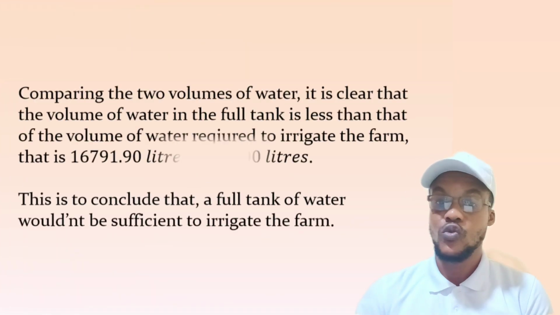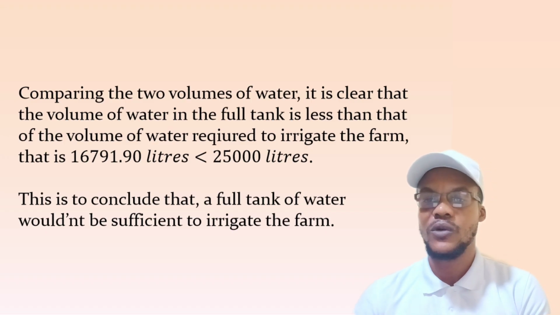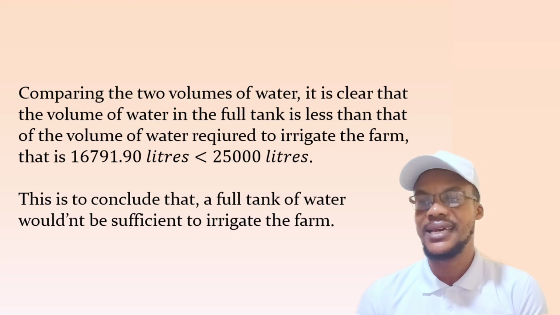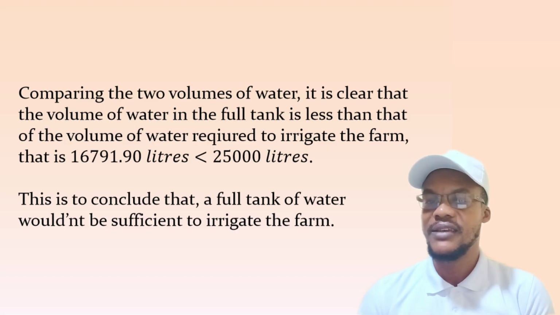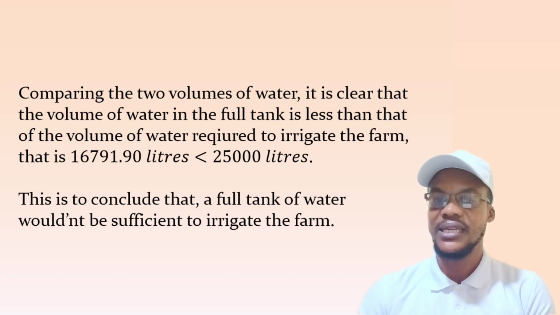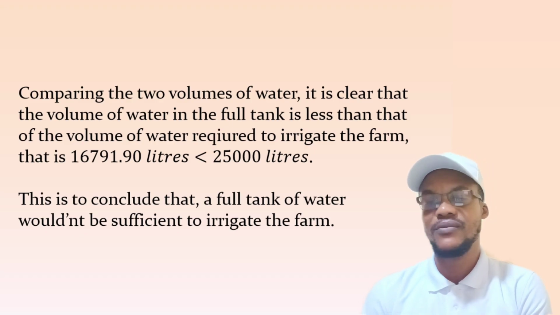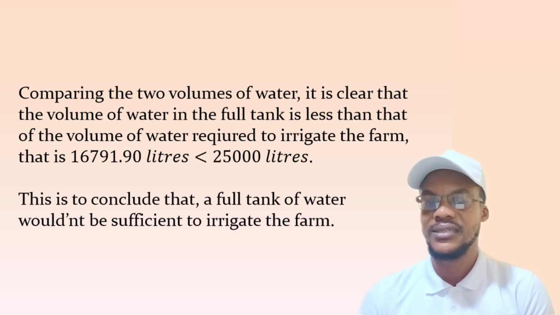Comparing the two volumes of water, it is clear that the volume of water in the full tank is less than the volume required to irrigate the farm. That is 16,791.90 liters, which is less than 25,000 liters. Have you gotten that?